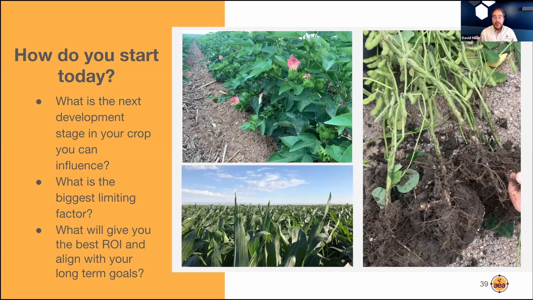Maybe it's one less tillage pass that you do. Maybe it's doing a foliar application. Maybe it's a side dress that contains carbon because you're deficient in carbon. Whatever it is, think about your crop, where you are today, and how you can affect that next stage.